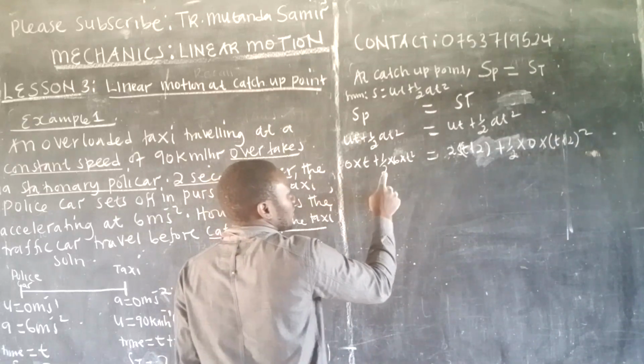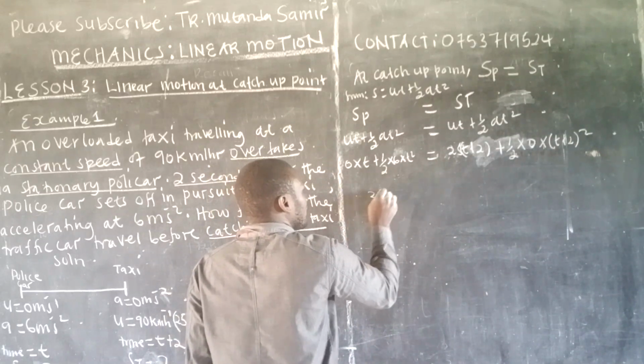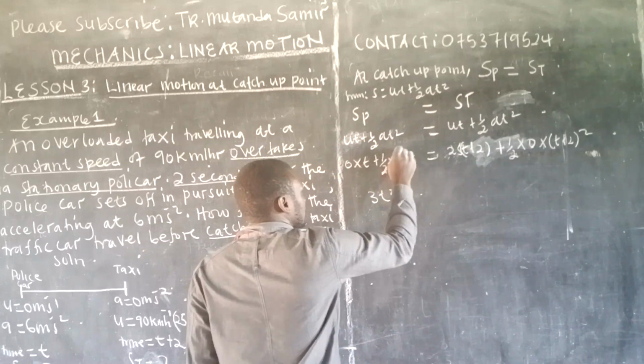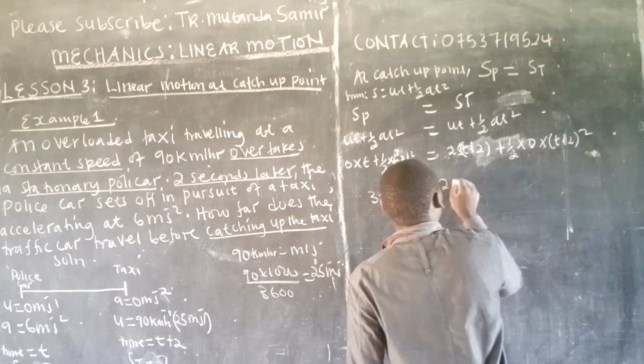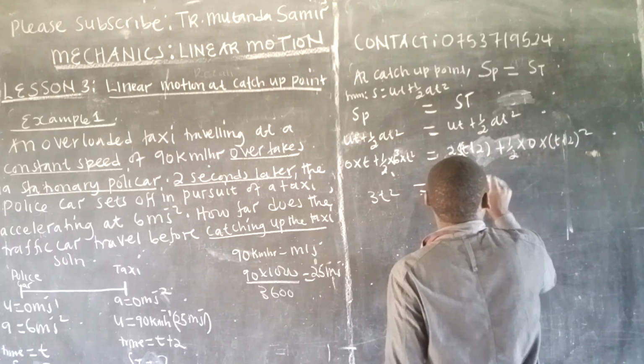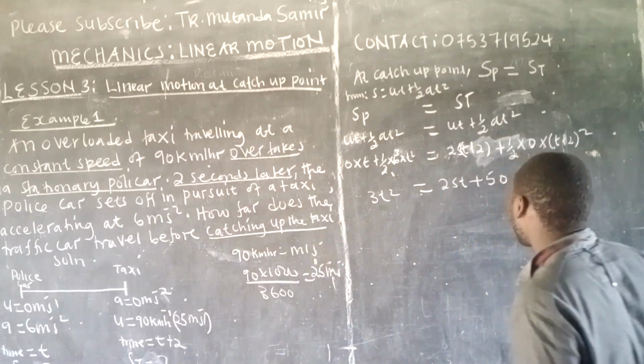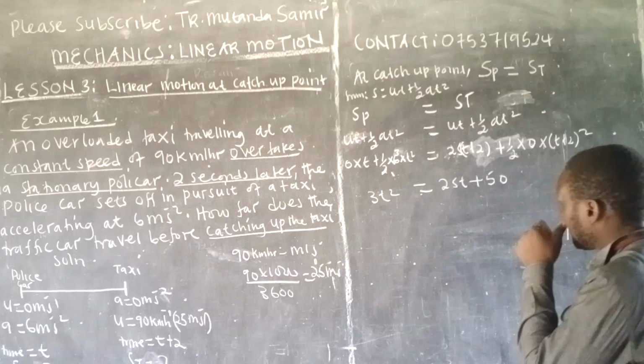So 0 times t will give us 0 here, and we shall remain with 3t squared. Why? This cancels. 3t squared is equal to, multiply here, we shall get 25t plus 50t. I've expanded. All right, 25t plus 50t.